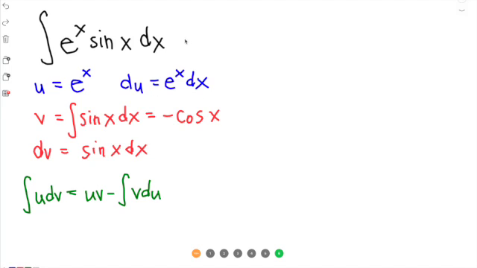So let me just write it here, the equal sign. The first part would be uv, which is e^x, v being negative cosine x. So that is the first part. And the second part would be the integral of v du.